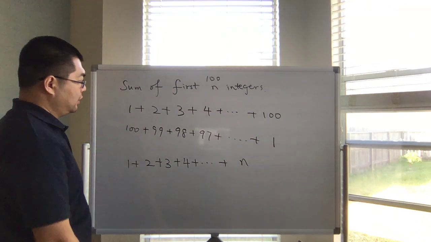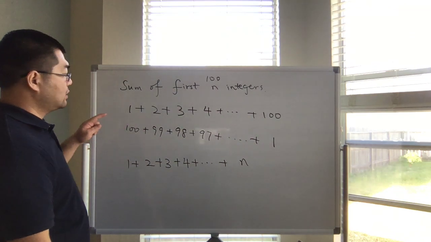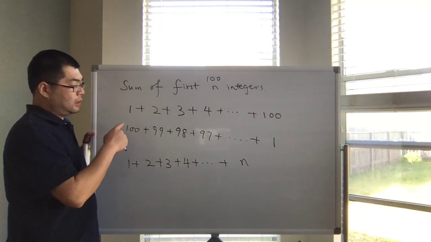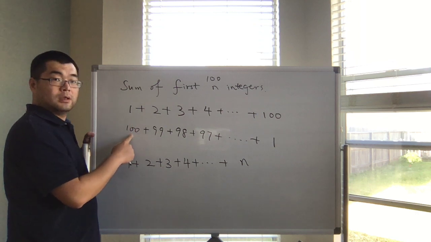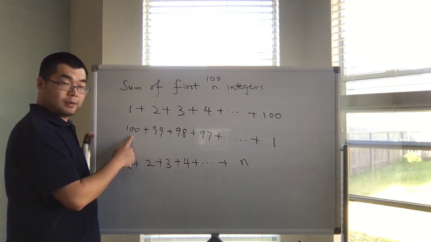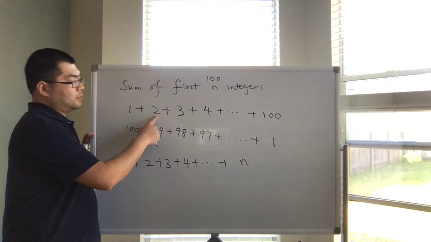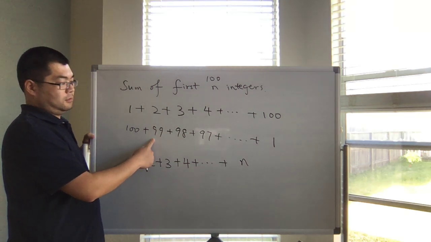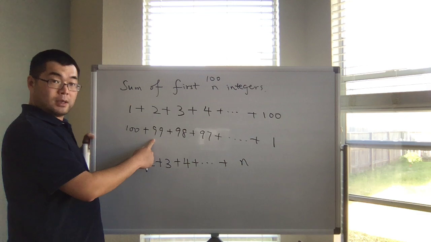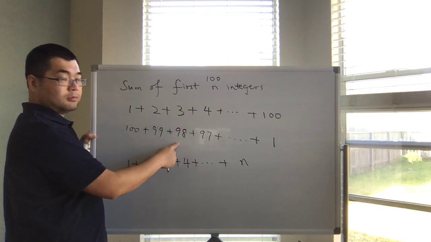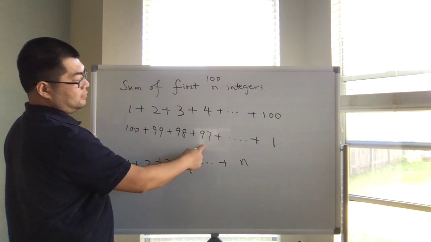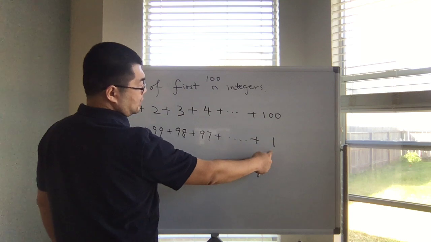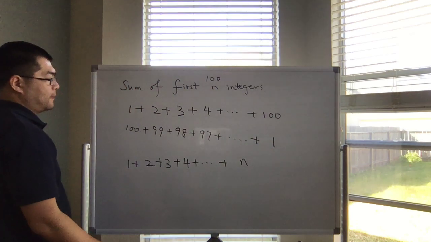You see, guys, if you look at it clearly here, do you realize that you have 1 plus 100, it gives you 101, right? And then if you have 2 plus 99, it also gives you 101? Yes? 3 plus 98, 101. 4 plus 97, 101. 100 plus 1 is 101, right?